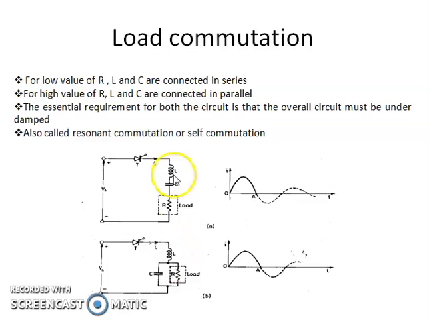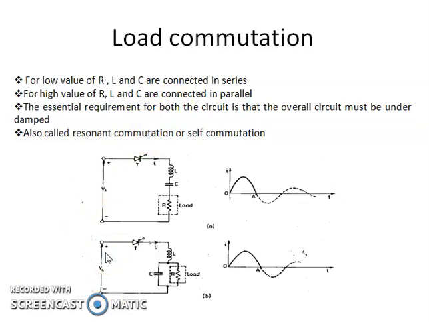In both cases, the overall circuit must be an under damped system. Usually for a low value of load resistance, L and C are connected in series. For a high value of resistance, L and C are connected in parallel.